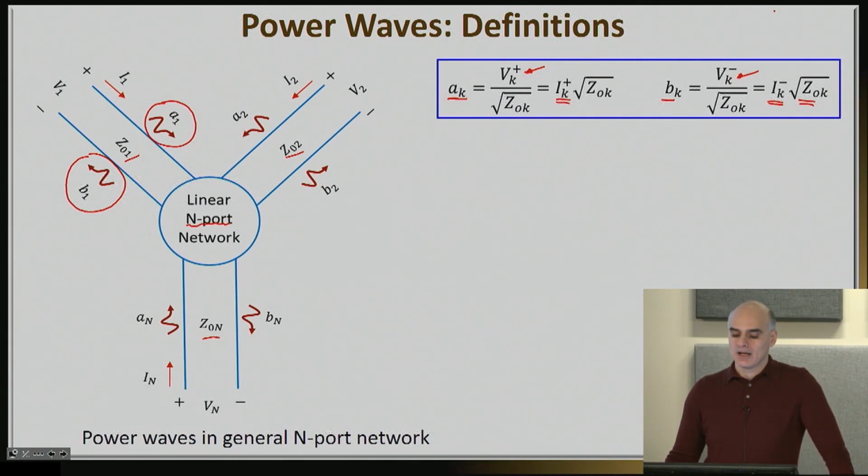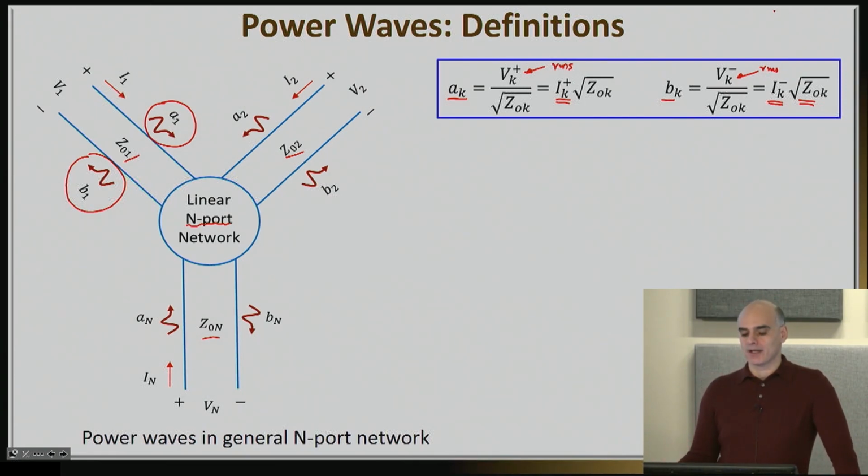Now, I also wanted to highlight here that the voltages and the currents that you see here are basically RMS values. At first sight, it might appear a little bit redundant to define A1 and B1 since we already have V1 and I1, V1 plus and I1 plus, and V1 minus and I1 minus. So why do we actually define those waves?